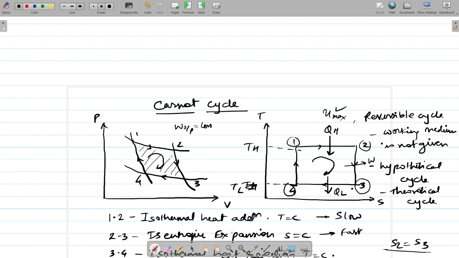So if TH and TL are given, in this temperature range the Carnot cycle will always give you maximum efficiency compared to other cycles or other irreversible cycles, because the Carnot cycle is a reversible cycle.